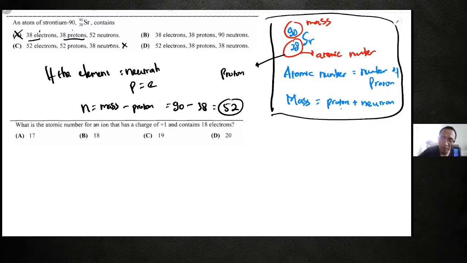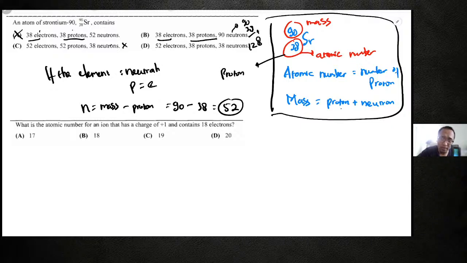How about options B and D? This one is good, but the neutron is 90, which is the mass, so it should not be that. It should be 90 plus 38 if this option were correct, so the mass number should be 128.